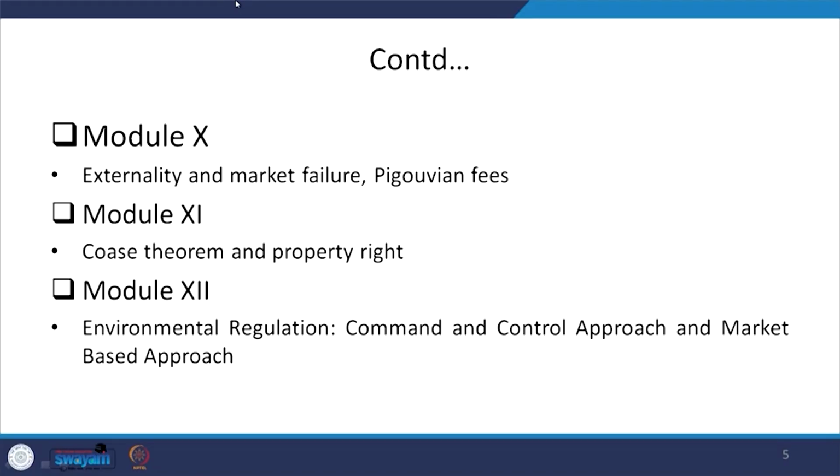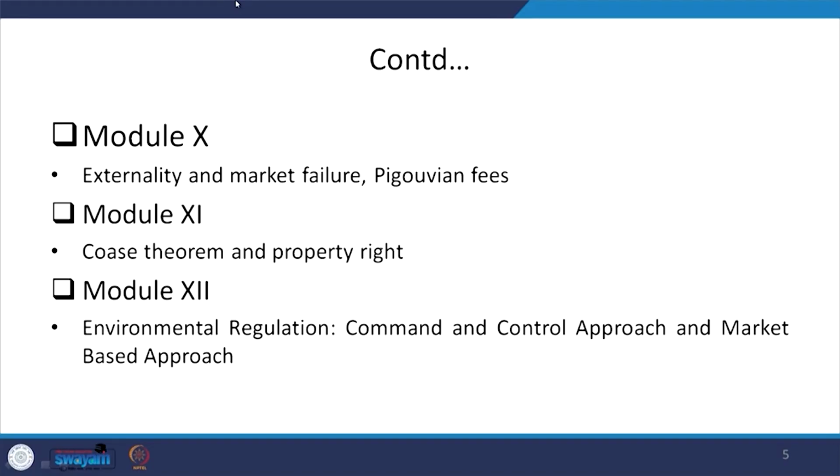Next unit is related to externality and market failures. In fact, market failure is one of the main issues related to environmental economics, because most of the environmental products are non-rival and non-excludable. So, market fails to deliver these products.